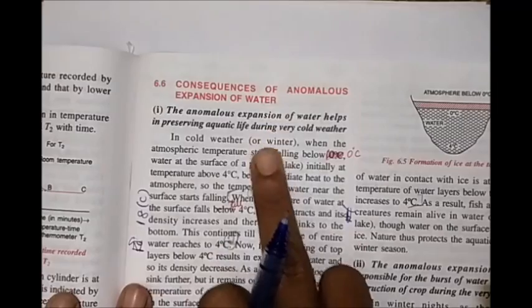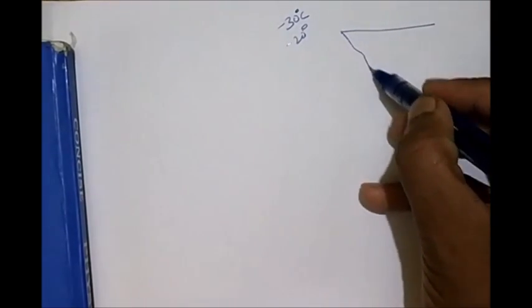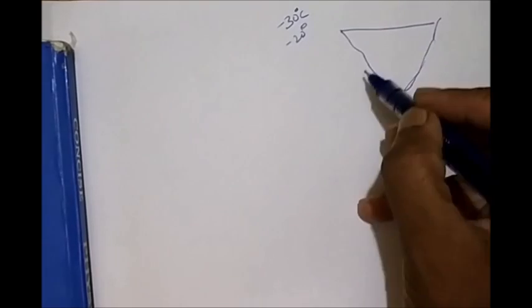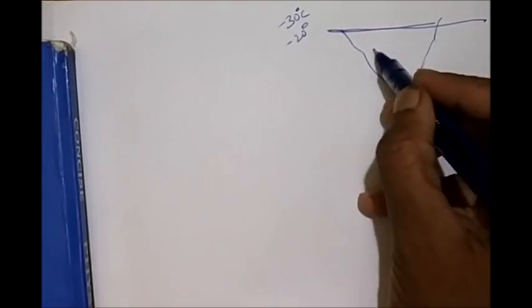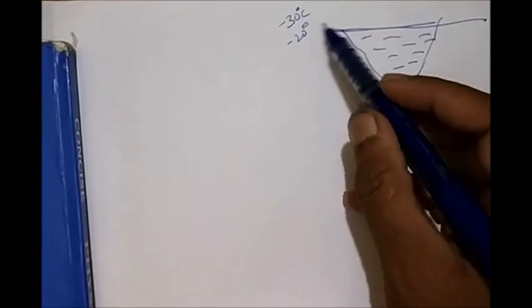Have you ever wondered, in very cold countries, there are places where the temperature goes below zero, like minus 30, minus 20 degrees Celsius? Now, that means the entire water body, suppose you take this as a lake, should freeze because the outside temperature is so low.